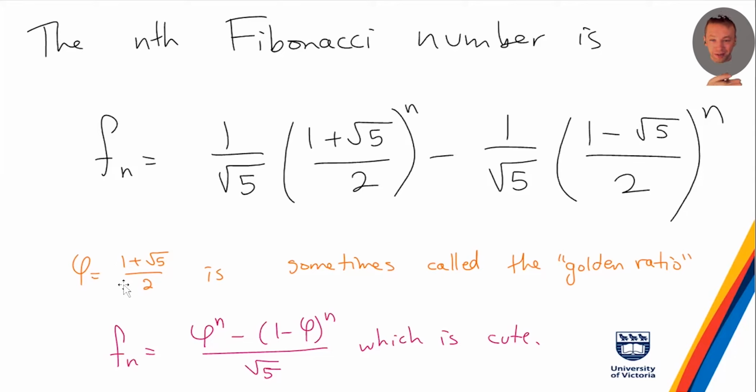It's 0, 1, 1, 2, 3, 5, 8, 13, 21. So somehow by computing this very irrational looking expression, it always gives you an integer, which is kind of neat, I guess. And I think, to be honest, this is quite an unexpected solution.